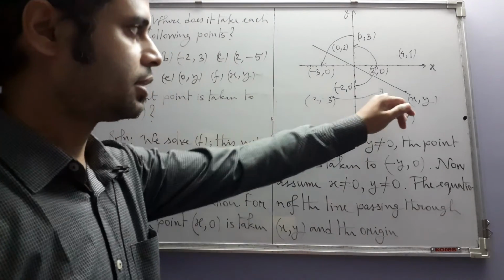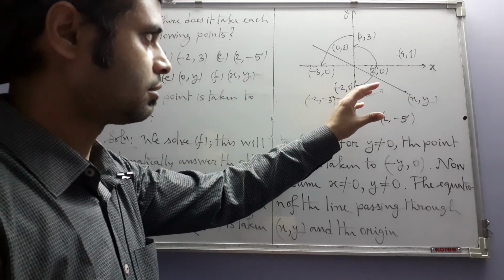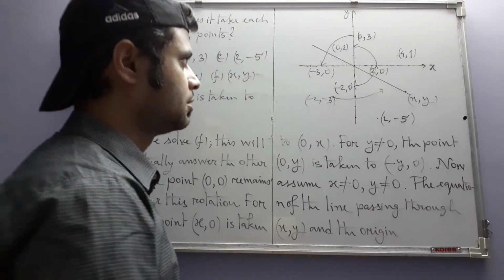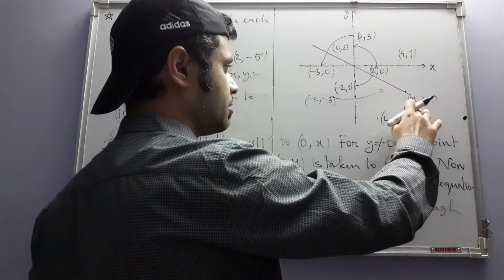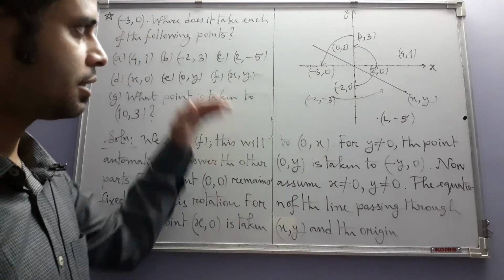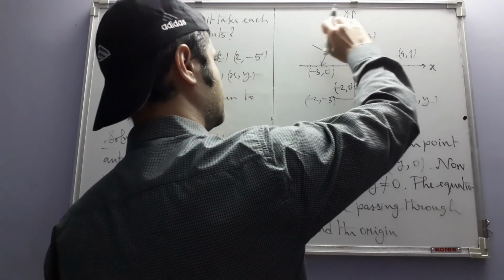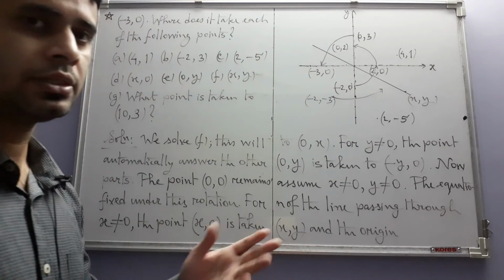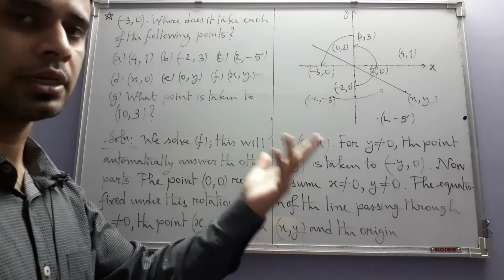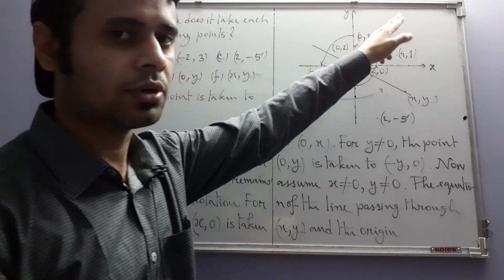I have intentionally taken the point in the fourth quadrant so that we can see what is happening in this case. Of course, this is general, so this x comma y can lie anywhere in the plane except on the axis. So it can as well lie in the first quadrant or second or third. But let's just see the fourth one as a change, because usually when we draw such things, we almost always consider the first quadrant.